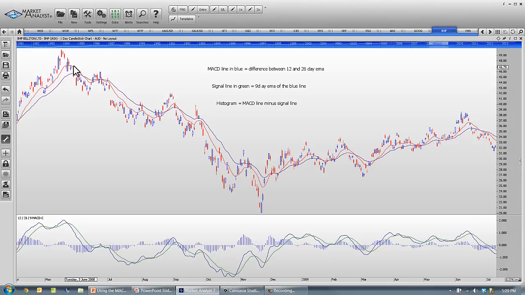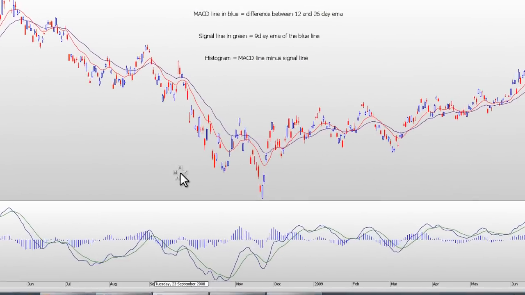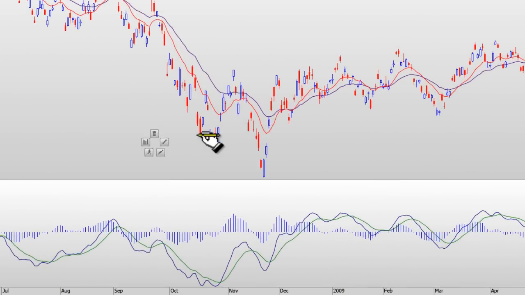So we can see here that the price of BHP had been falling very substantially. It had fallen from around $50 in May of 2008, and we got down to October 2008, it formed a low, had a bit of a bounce, but then went down and formed another low. So price, if we can put a trend line on this, was still going down.